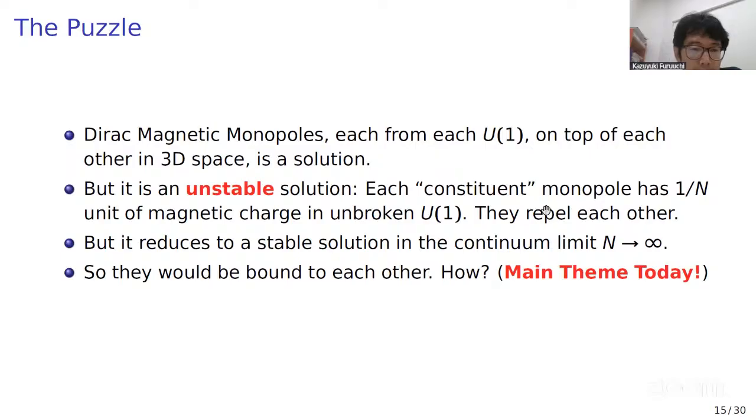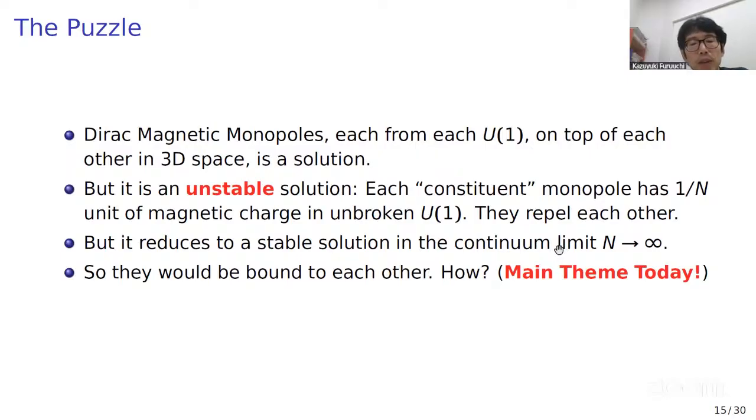On the other hand, if you consider the continuum limit, you have a stable solution, the Dirac monopole string. This indicates that they are somehow bound to each other. So how? This is the main theme today. I hope you understand the puzzle we are trying to solve.